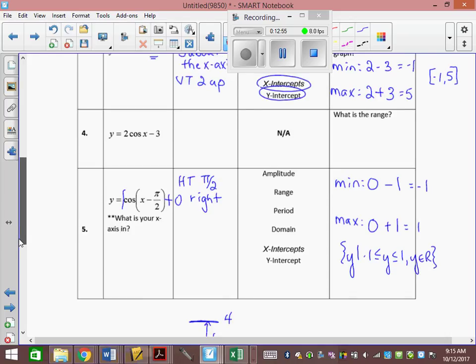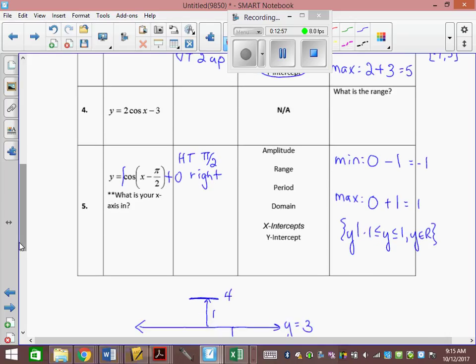Now, in this case, if I wanted to find the period of this graph, I would take my b value. My b value is actually just 1, right? It's sitting in front here as a 1. And I would go period equals 2 pi divided by b, which is 1, and I get 2 pi. But if I gave you a question like this, y equals cos x minus 90 degrees, exact same question, but in degrees, I would still have a 1 in front.